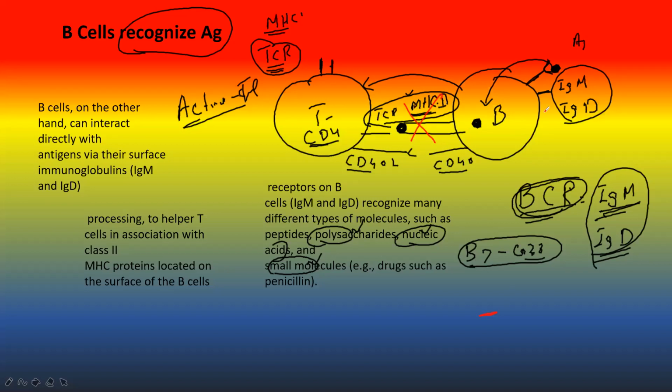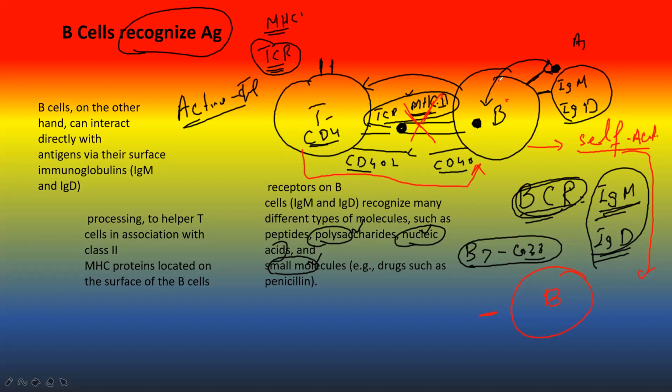This B cell self-activates. The B cell just takes the antigen inside and self-activates, independent, not taking help from T cell. If taking help from T cell, I must present antigen to the T cell, and then the T cell gives more power to the B cell for fighting.